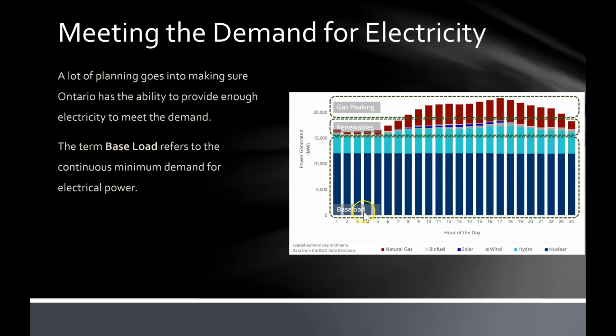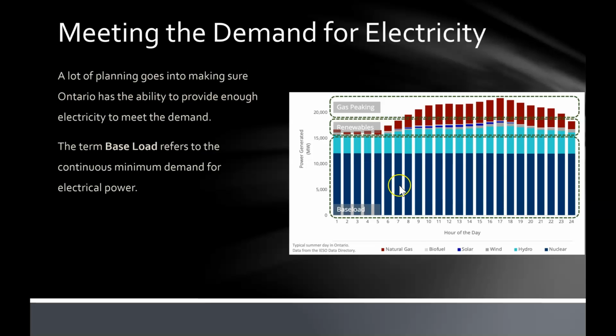This is producing a little over 10,000 megawatts of electricity, and then over that, renewables are being used here, including hydroelectric electricity within Ontario, and then over that you go into solar, and then also natural gas.